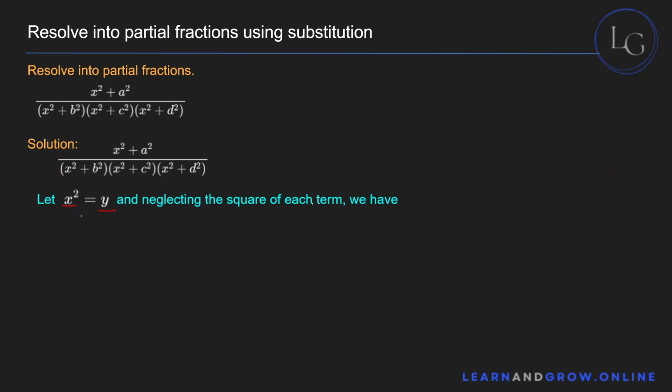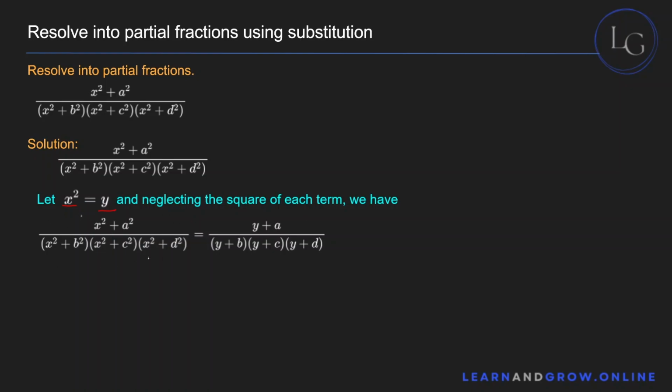And you'll also neglect the square of each term that we have in this equation. So x squared becomes y, a squared becomes a. You'll neglect the square. The b squared becomes b, the c squared becomes c, and the d squared becomes d. Now, here's what you'll do.